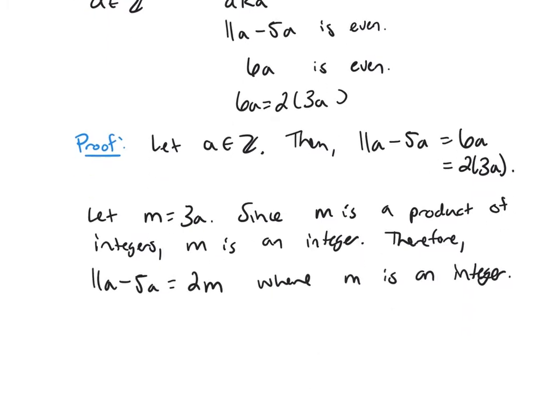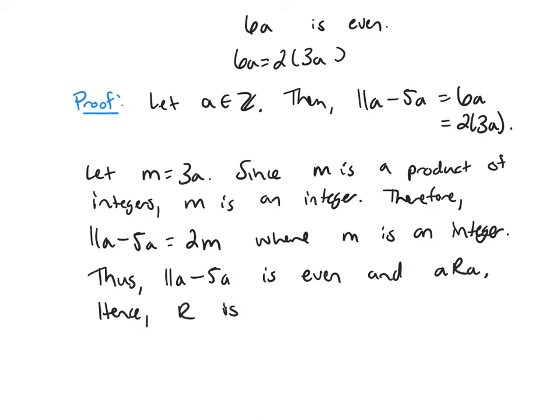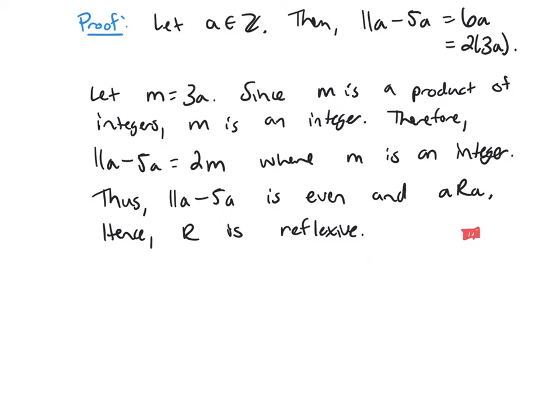So therefore I can say that 11A minus 5A is even, and A relates to A. Hence, R is reflexive. And I've proven that this relation is reflexive. So now let's show that it is symmetric.